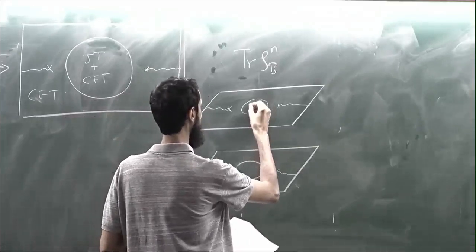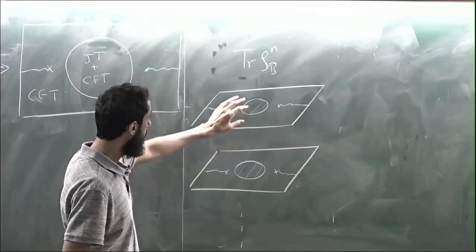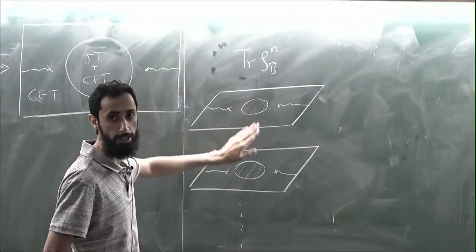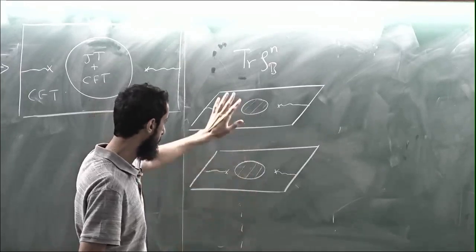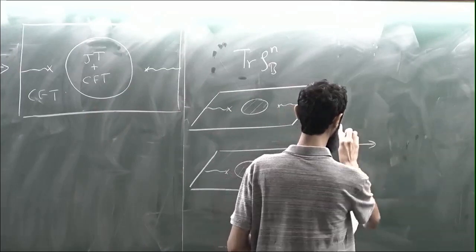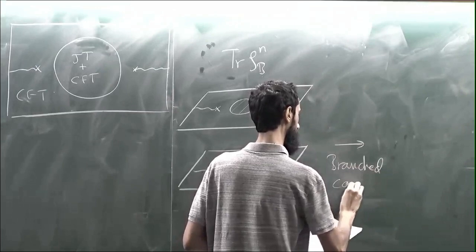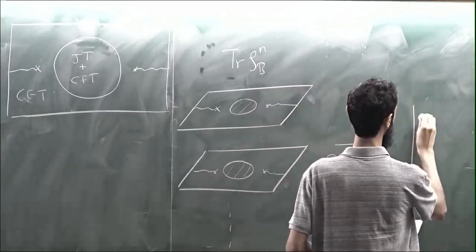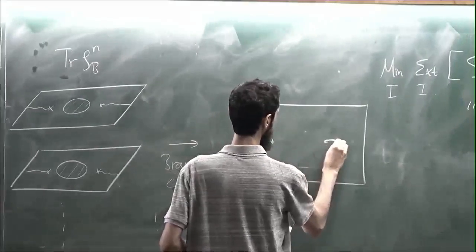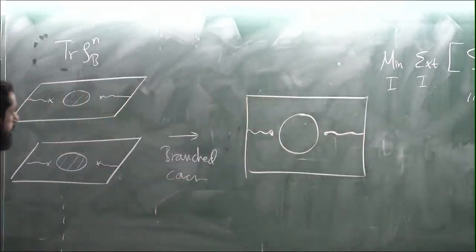One possible saddle is where, in each JT theory on each sheet, we just have the hyperbolic disk. So when working on the branched cover, we have all my branch points, and here I just have AdS2, a hyperbolic disk.